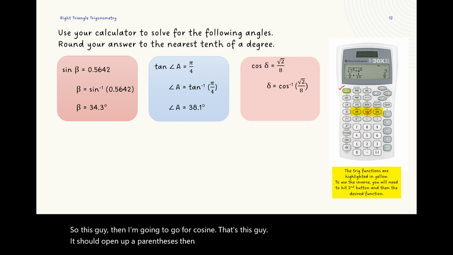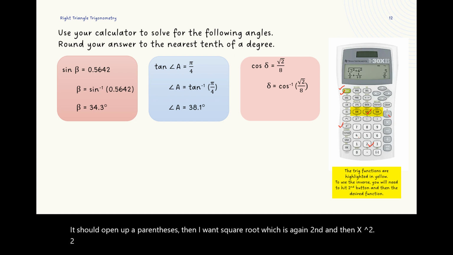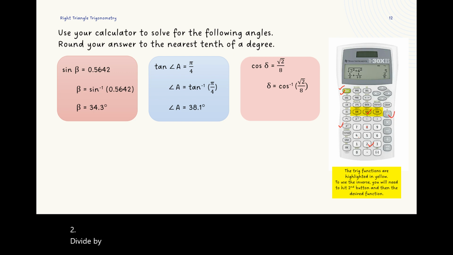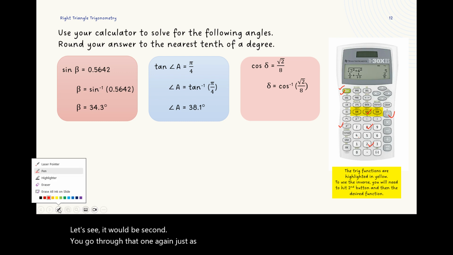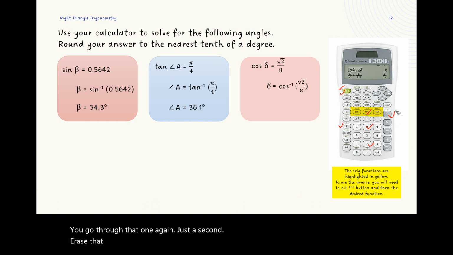Then I want square root, which is again second, and then x squared, 2 divided by 8. I might need a parentheses in there. Let me go through that one again. I'm going to erase that.